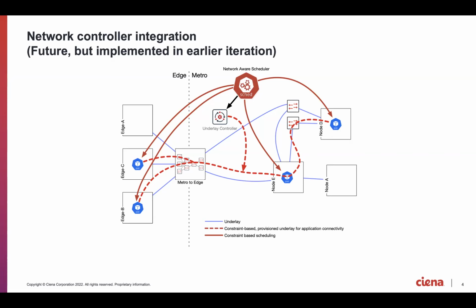As we bring this to multi-cluster, but potentially within a single cluster as well, the network controller, or really the constraint remediation controller, is going to become important. The idea is that once a workload is placed, if the constraint is violated, it might be more efficient and cause less downtime to remediate via the network or via some other mechanism than to deschedule and reschedule the workload.